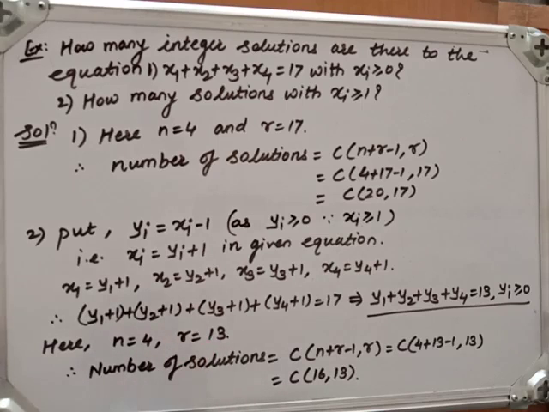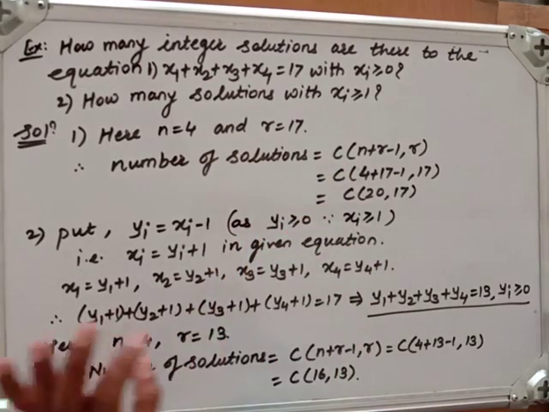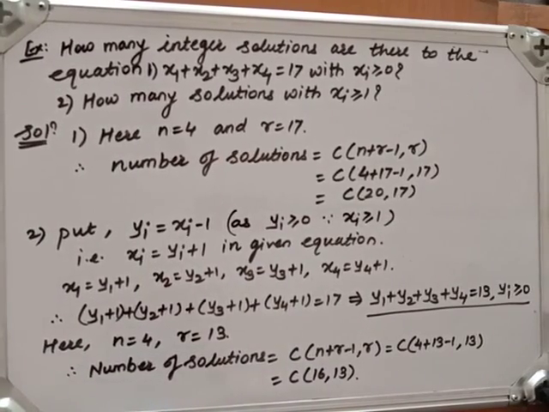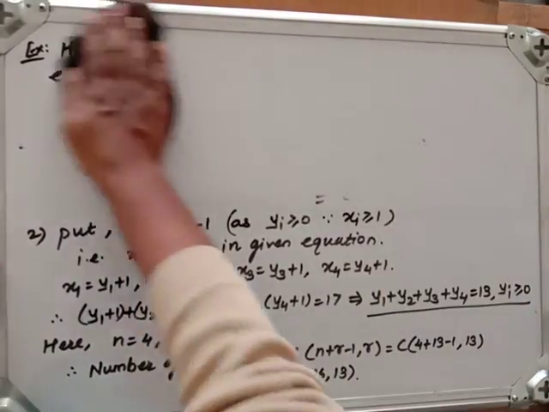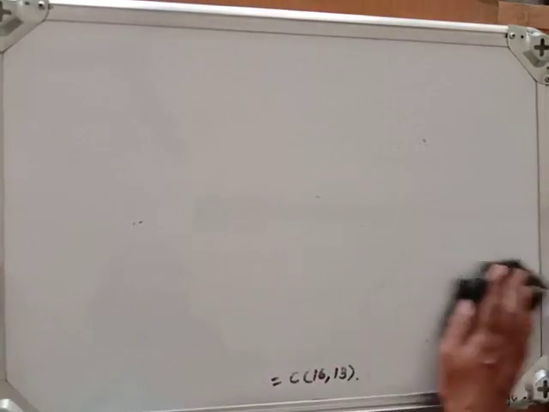As such we can find the integer solutions for different equations also using the same formula for repetition in combination. Now let us write down one note, the equivalent forms of selection with repetition. The same thing can be asked in different ways.